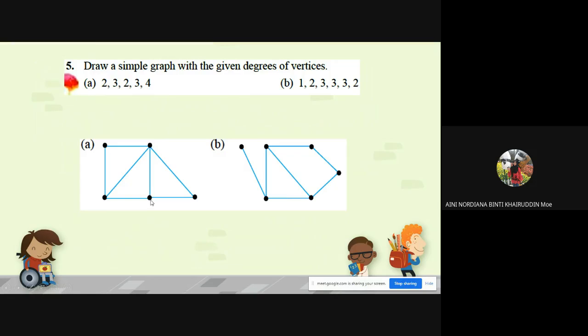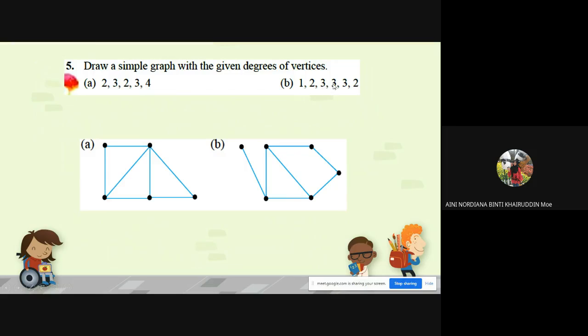For this vertex 1, 2, 3. And 4 for this vertex 1, 2, 3, 4. This is what it means. This is actually a tough question. But don't worry. We just do the exercise.